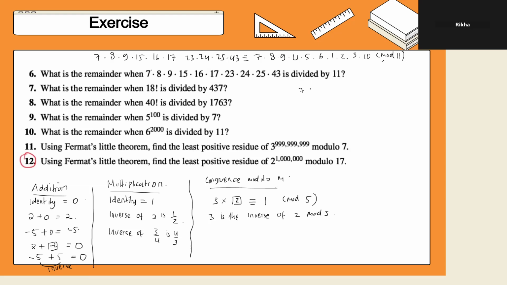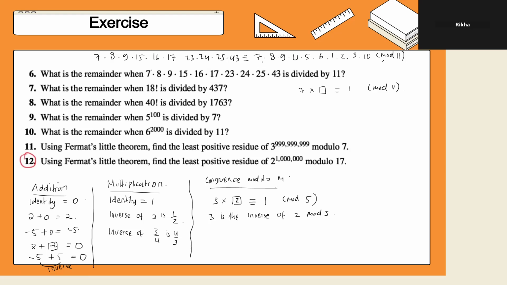The inverse of 7 modulo 11 is what? 8, nice.